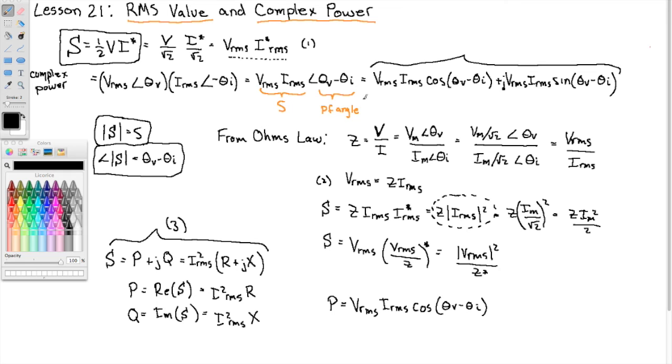We're just comparing 3 with 4, and we'll call this equation 4. And Q, the imaginary part of the complex power, is V RMS times I RMS times the sine of that power factor angle.